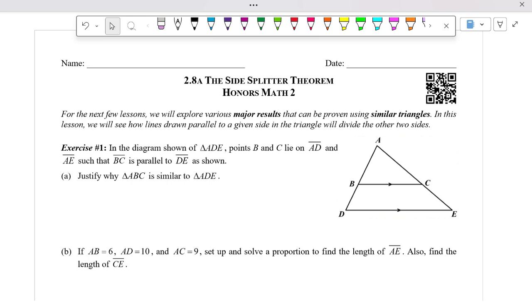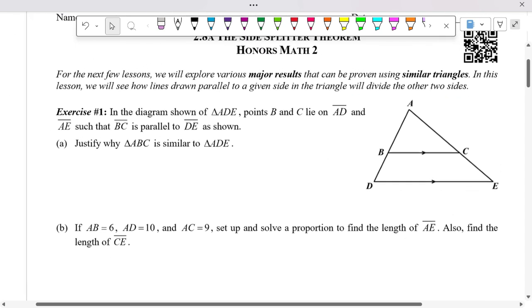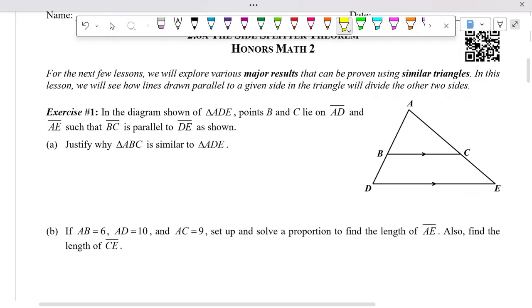Okay, so side splitter theorem. Typically it shows that if lines are drawn parallel to a given side in a triangle, how it will divide the other two sides. Again, we're focusing on triangles that exclusively look like this.